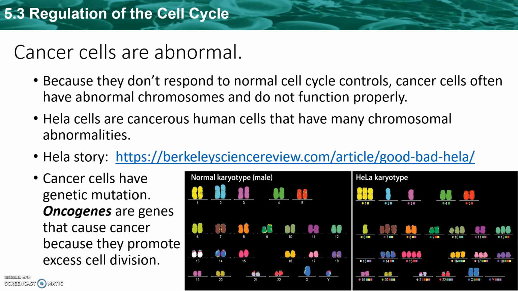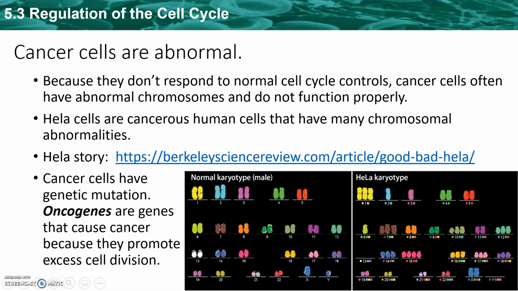So cancer cells, our final thought here that I'm going to leave you with is that these are abnormal cells, both in terms of not responding to cell cycle controls, but also in terms of the genetic information inside of the cells. So if you look at this picture here, this shows what normal chromosomes are supposed to look like.